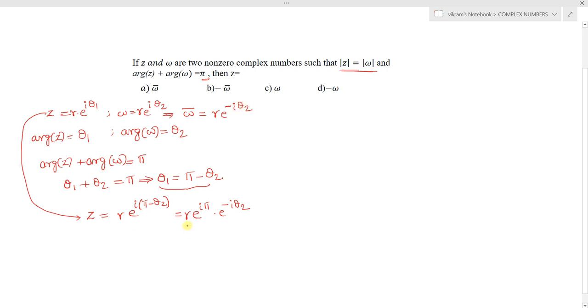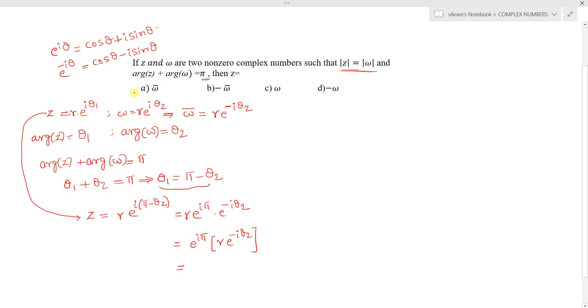So now we can write e power i pi into r into e power minus i theta 2. And what is e power i pi? e power i theta equals cos theta plus i sin theta, and its conjugate is cos theta minus i sin theta, which is e power minus i theta.